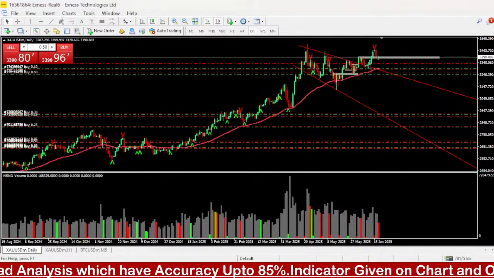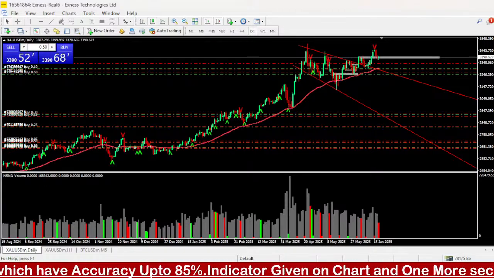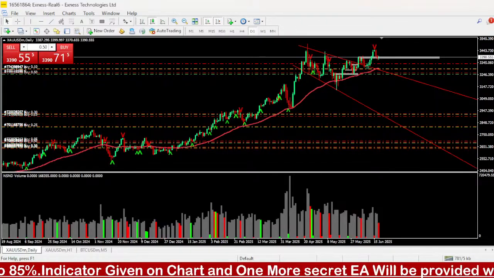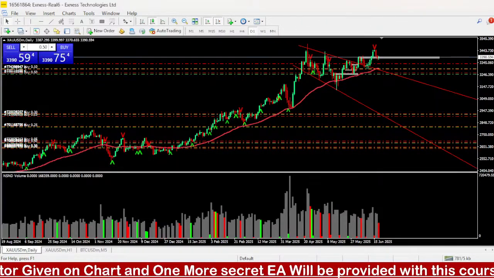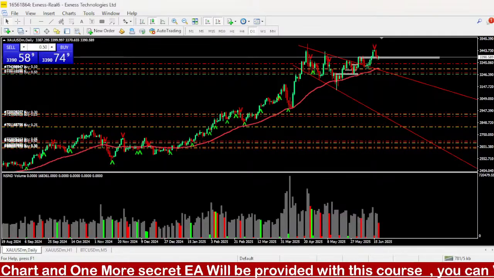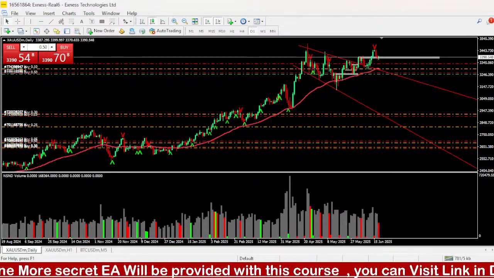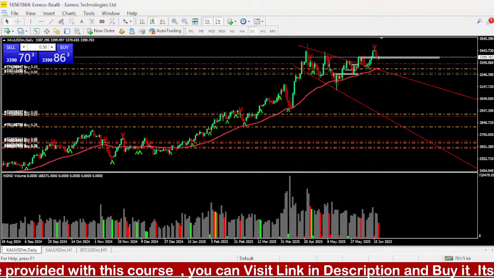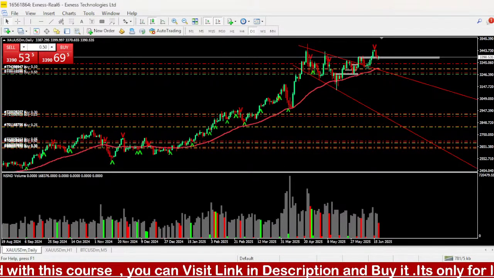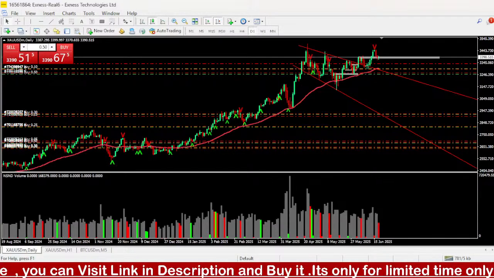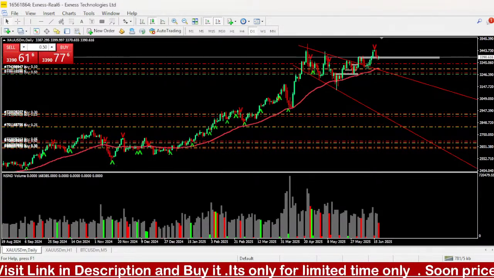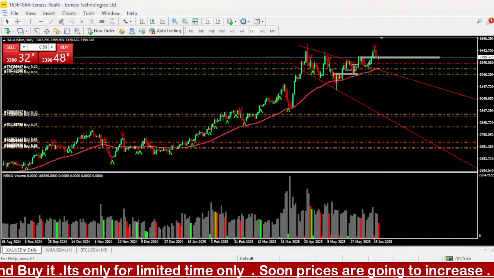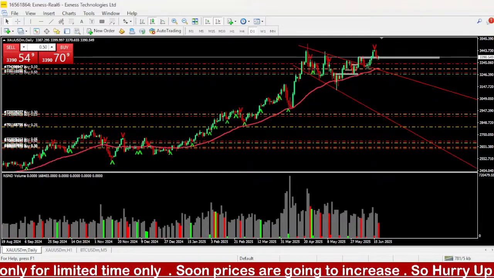Also, there are other multiple factors of fundamentals. All those CPIs, all those things are bullish for the gold. So currently we are waiting for the today news, which is FOMC, and I think that FOMC will also come in favor of this gold, and we are going to see some more upside movements.